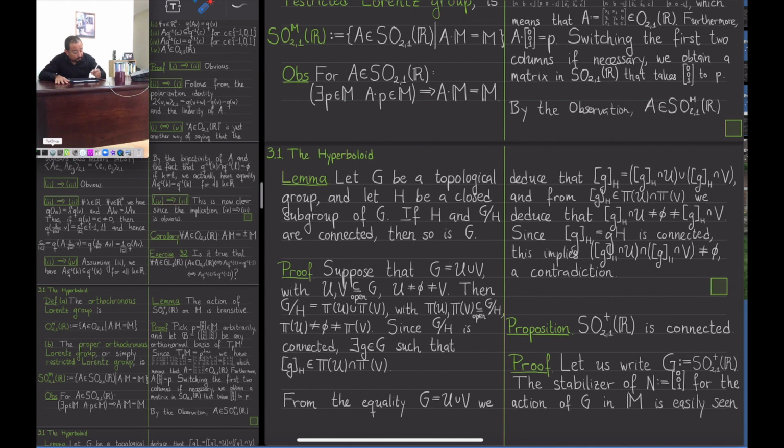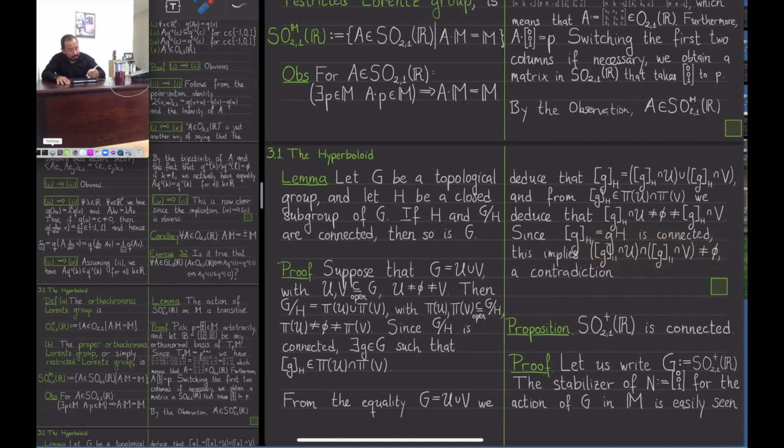So we are expressing this connected set as the union of these open sets of the set, because we give the relative topology to this set, of course, neither of which is empty. So the connectedness of this one, which follows from the connectedness of H, implies that this intersection is not empty.